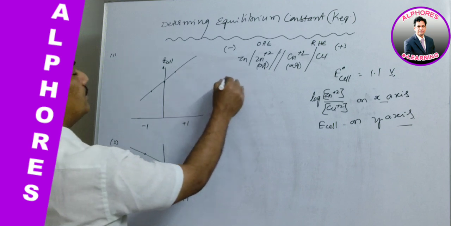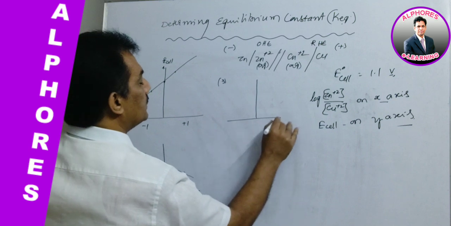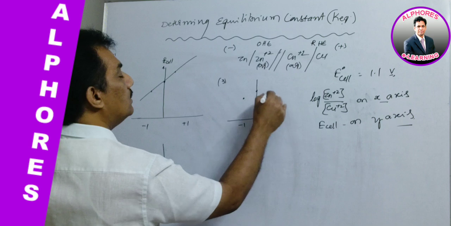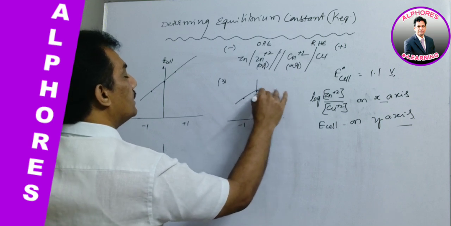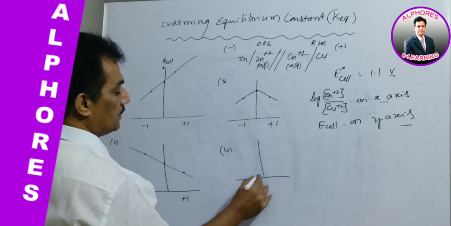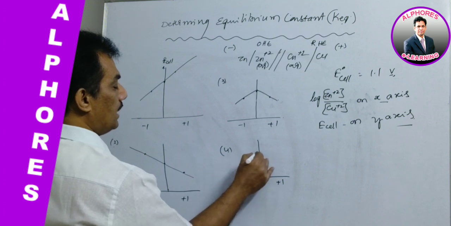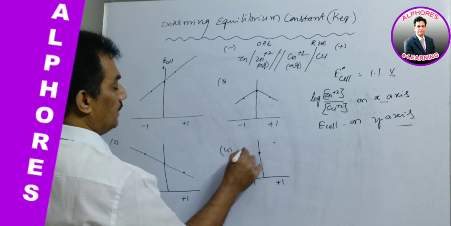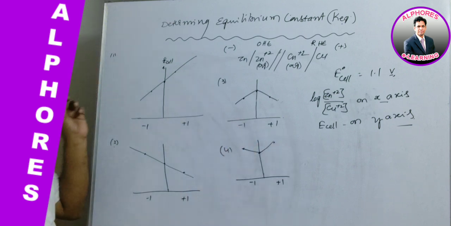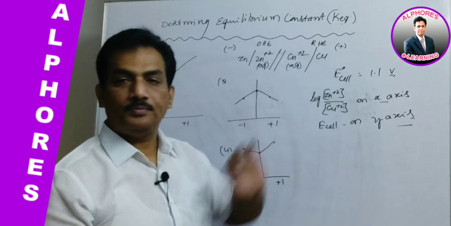And one more graph, third graph is given like this, minus 1, plus 1. And fourth graph is given like this. Here it is minus 1, plus 1. It appears like this, and they ask to find which of the following graph is correctly correlated with this data.